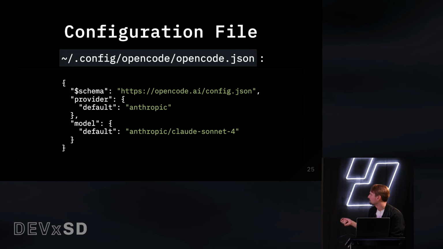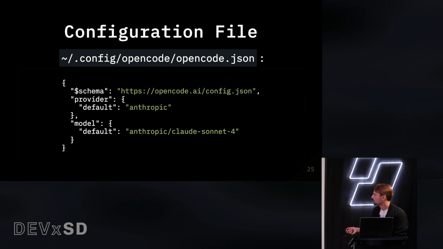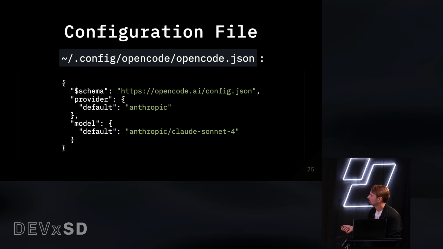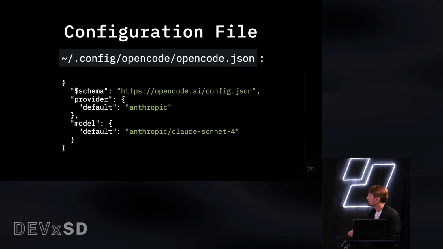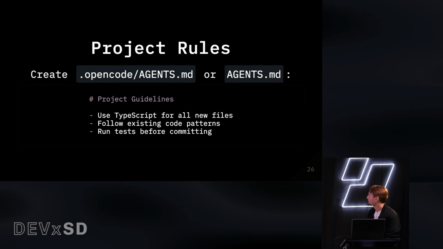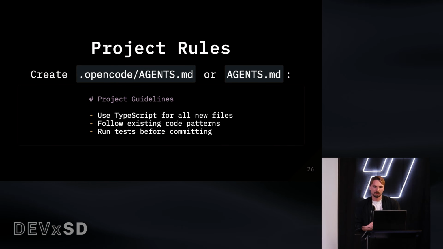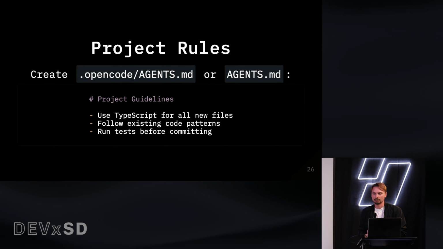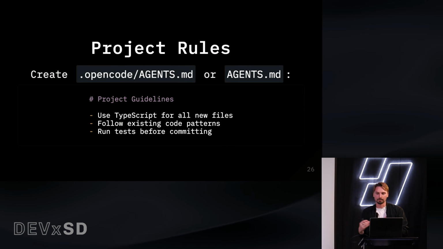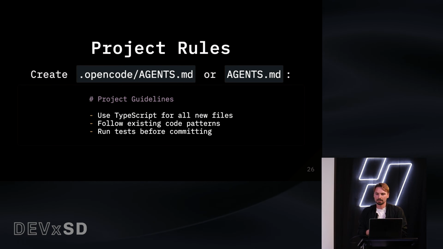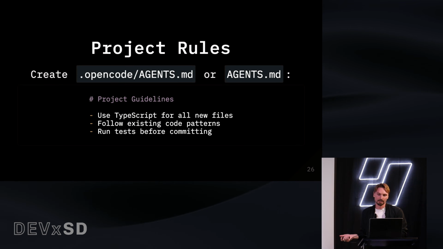Configuration file. We kind of went over how some of the configurations you would add, but you would add it in your home directory, .config, opencode.json. Project rules. Here is where you can do specific instructions that go in the root directory that say, hey, AI, read certain things for context.